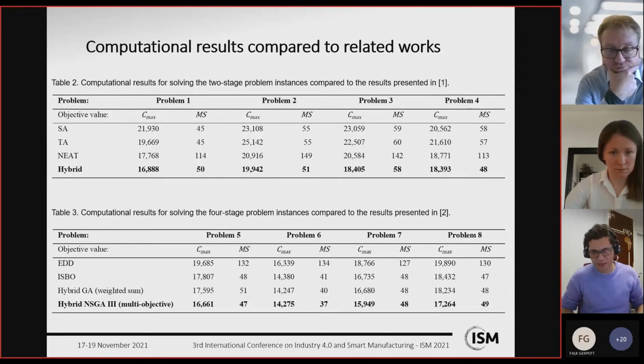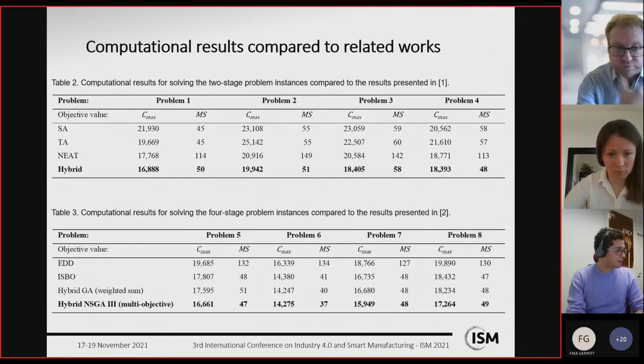So we have 4 objective values. But in these figures or tables, I will be discussing only 2 objective values because the other 2 objective values are minimized to the level of 0. So I just didn't want to put them because it doesn't make sense here.